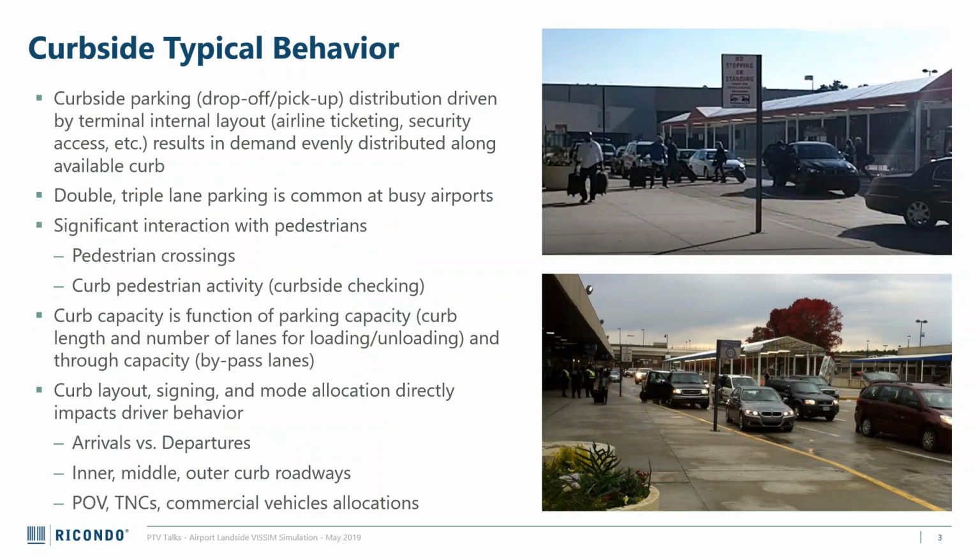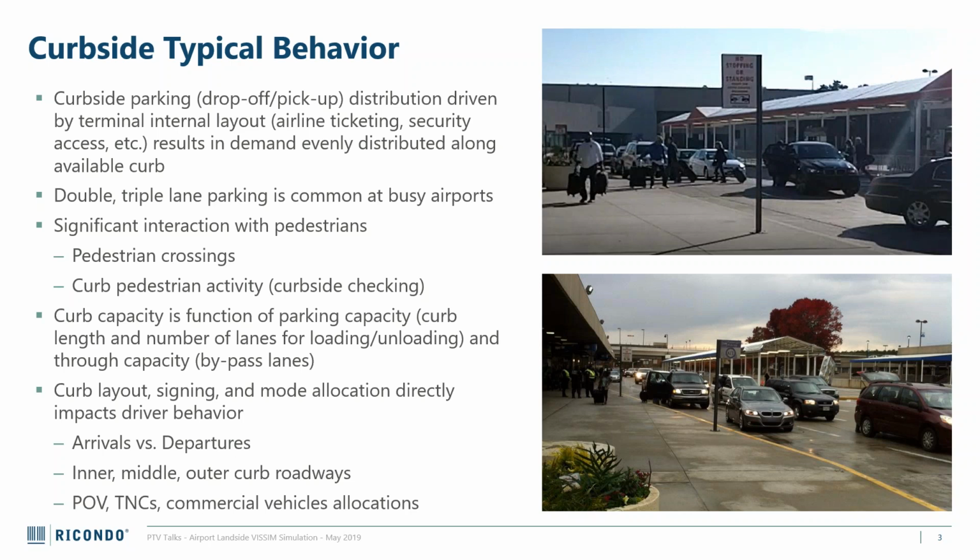Just to give you a little bit of context, the typical curbside behavior: you'll see the distribution of vehicles parking. By the way, we use parking zones and parking routes to model this in Vissim. The distribution is not homogeneous, so you have evenly or not evenly distributed based on what is happening inside the terminal, whether it is departures, arrivals, security access, all that drives what's happening outside at the curb.